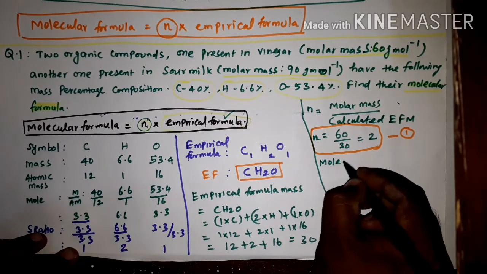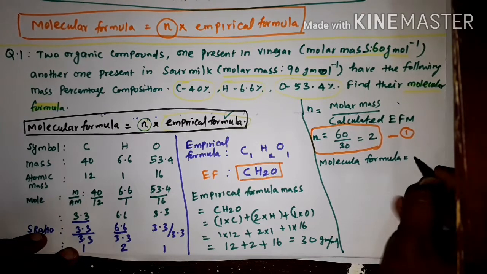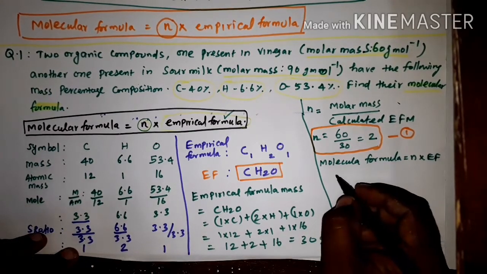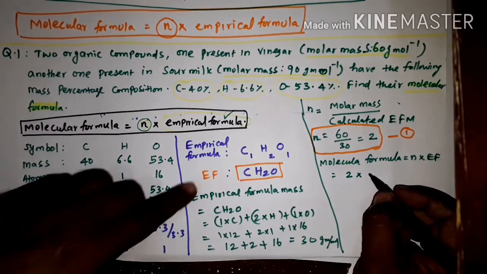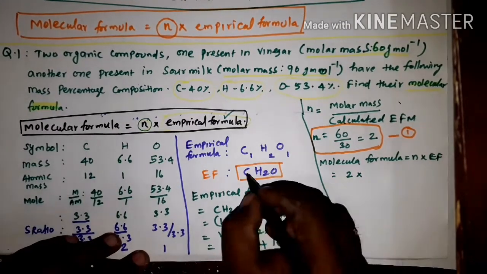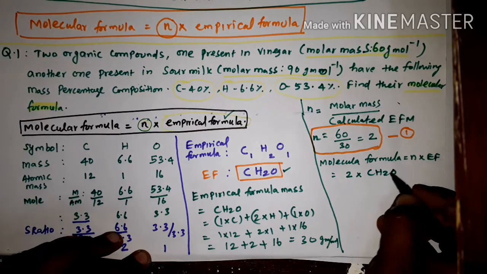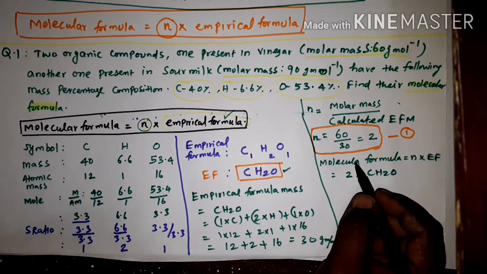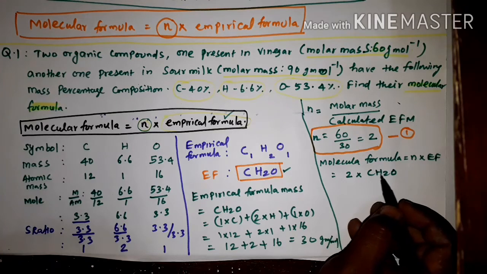Now the molecular formula equals n into the empirical formula. So n is 2 into what is the empirical formula? This is the empirical formula, CH2O. To calculate the molecular formula, take this whole number and multiply it with each element of the empirical formula.